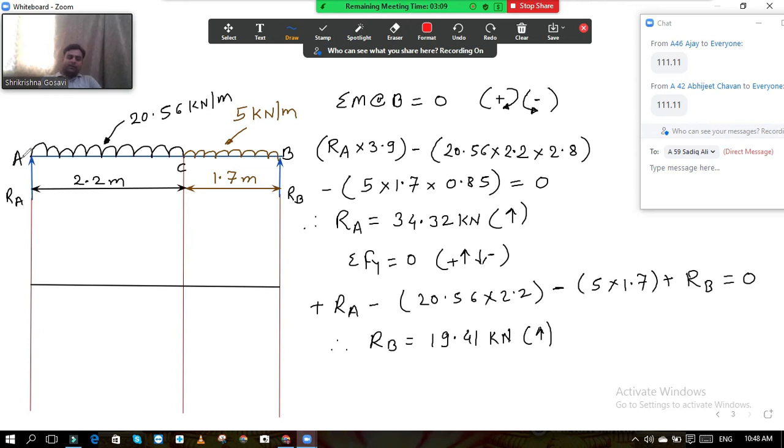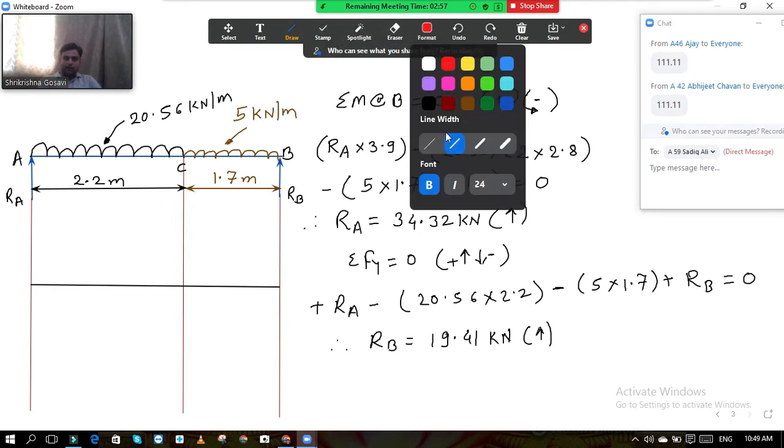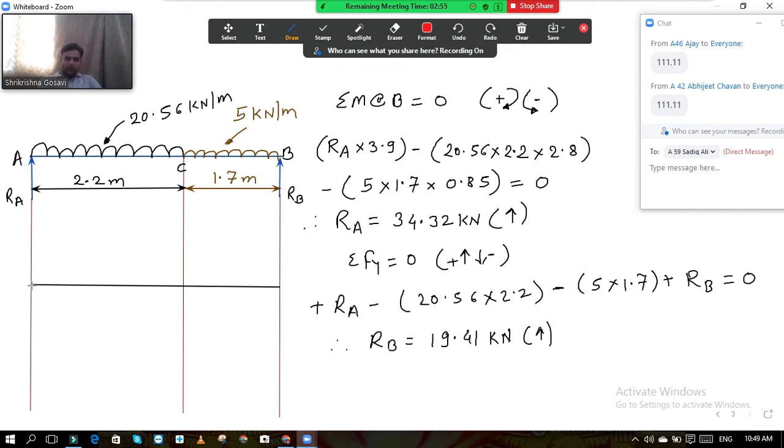From the left hand side the first reaction is RA. RA is moving upward, so we consider it positive. What is the value of RA? RA is 34.32. So I will plot RA over here, this is 34.32.